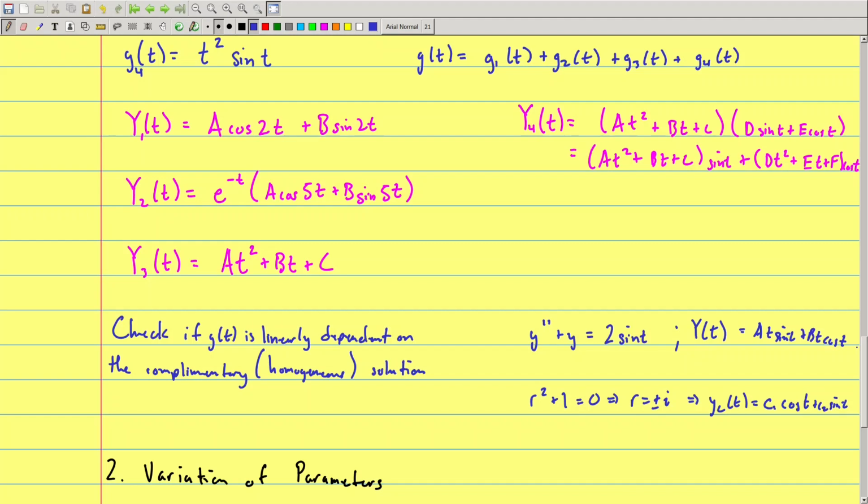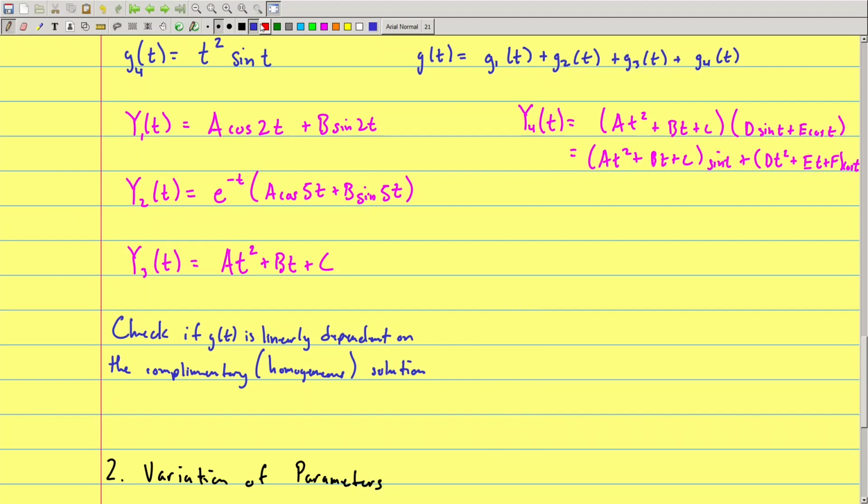The more common version of this problem that comes up, instead of this form, would be something that looks like this, where you have y double prime plus 2y prime plus y, and then this would be like that. So this is r squared plus 2r plus 1. We can factor this.